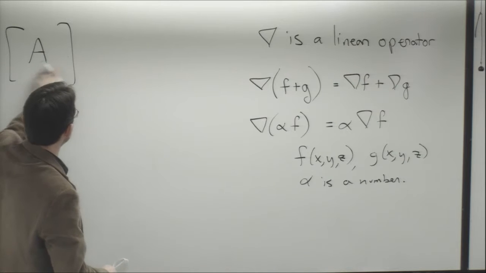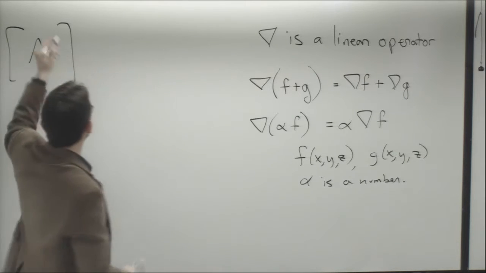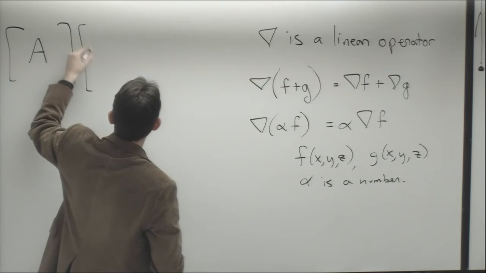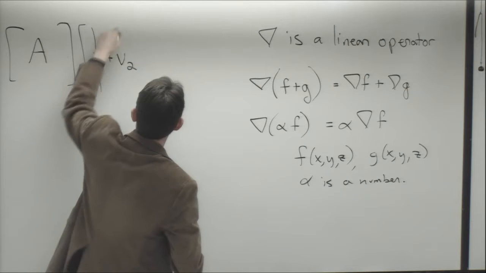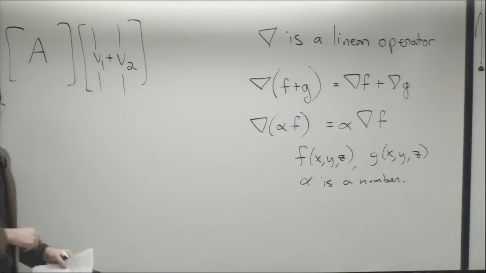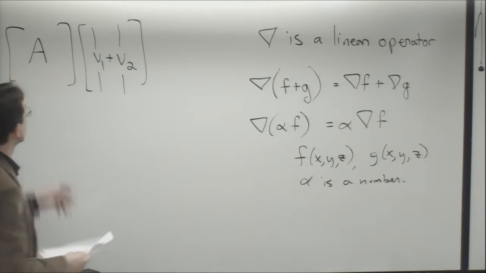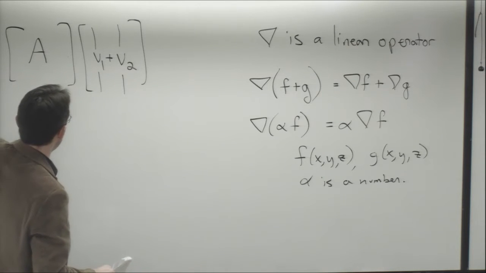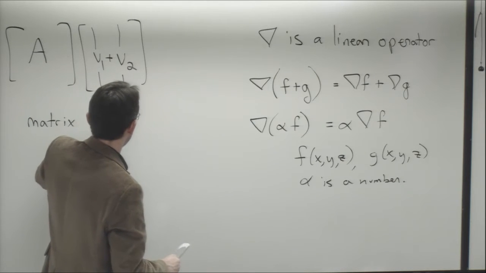So A is an operator, and A happens to be a linear operator because A times (vector 1 plus vector 2) is the same thing as A times vector 1 plus A times vector 2. So matrix multiplication is kind of the classic or most intuitive example of a linear operator.